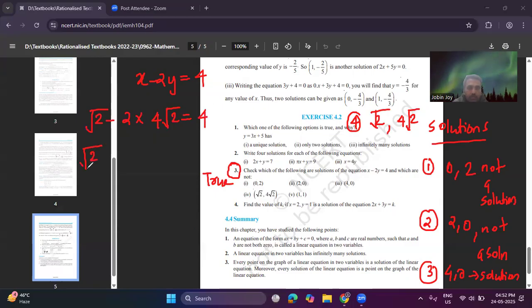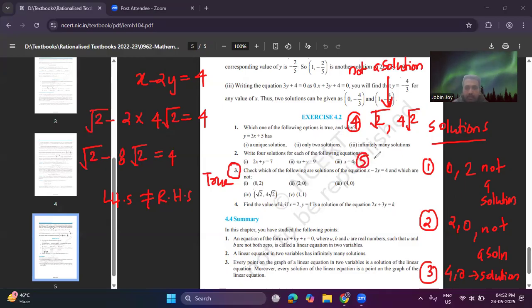So root 2 minus 4 into 2, 8 root 2 equal to 4. Again, LHS not equal to what? RHS, because LHS is root 2 minus 8 root 2, RHS equal to 4. This is not equal. This is wrong. That means this is not a solution of the given equation.